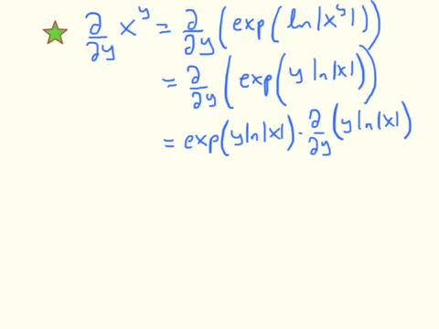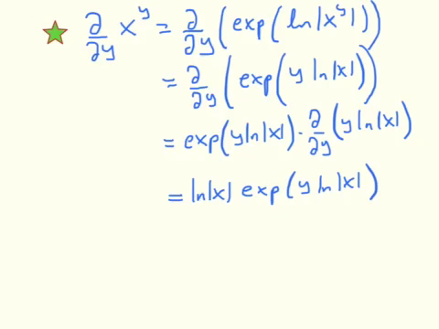Now this derivative here is very easy. It's the derivative of y with respect to y, which is 1, multiplied by a constant, which is the log of x. So I'll bring this constant out front. So all I've done is I've calculated this derivative. It's equal to this, and because this is quite simple, I'm just putting it at the front. And then this needs to be multiplied by this term here, which is the exponential of y times the logarithm of mod x.